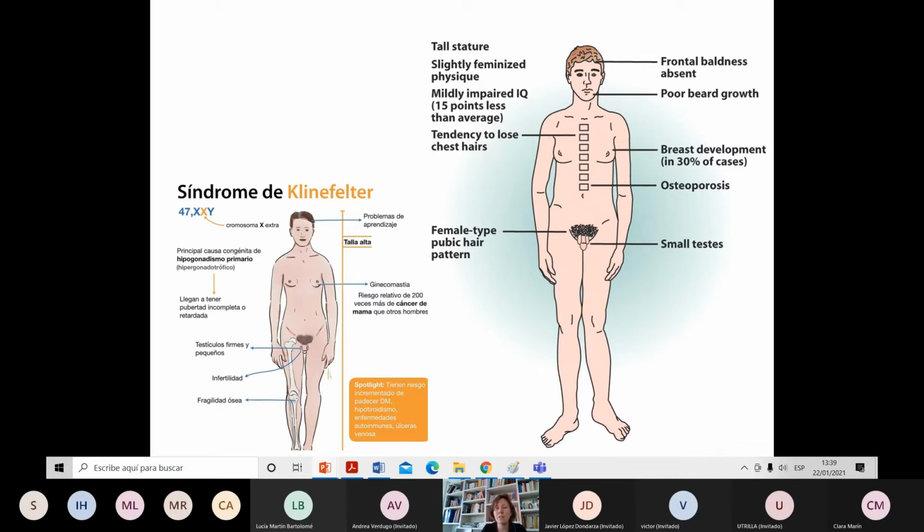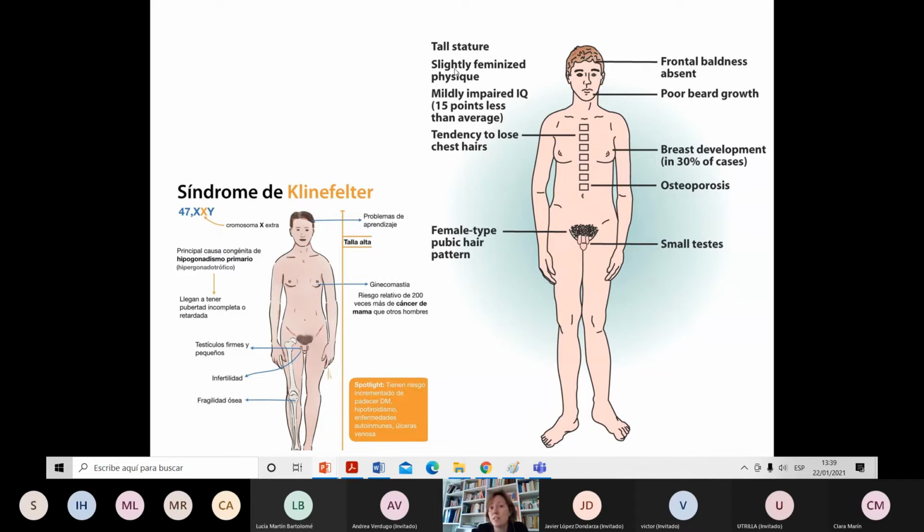They have some characteristics that are similar to girls, a slightly feminized physique, but that is quite common, okay? Not every boy has what we consider male appearance, with a lot of hair and being very tall and with a low voice. Well, that's not common in every boy, of course.